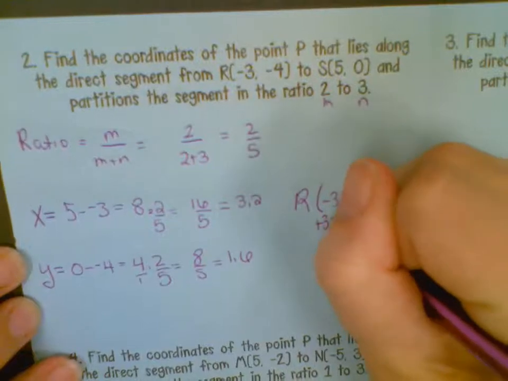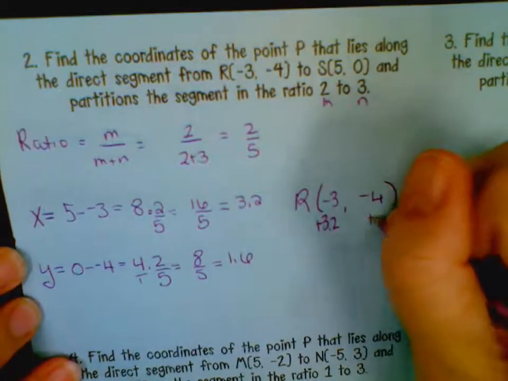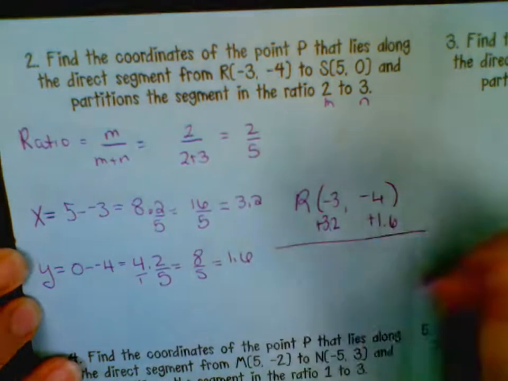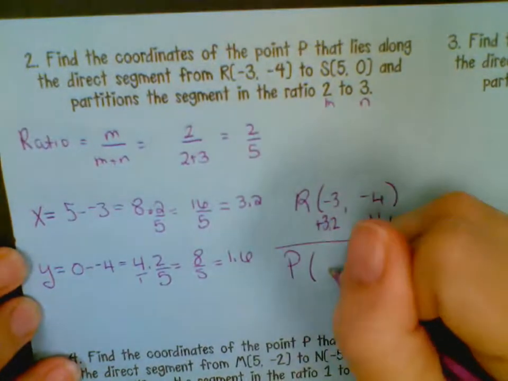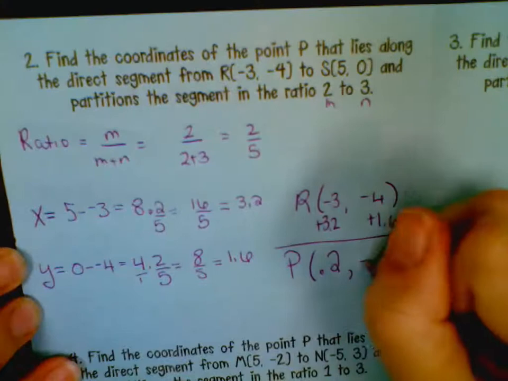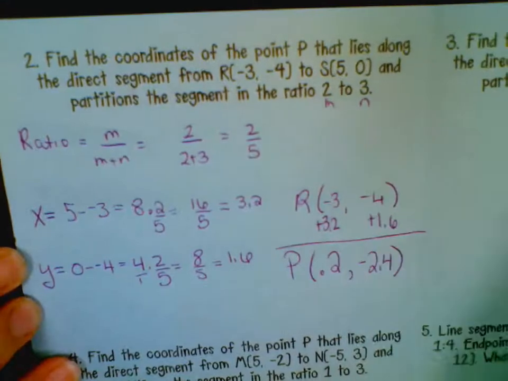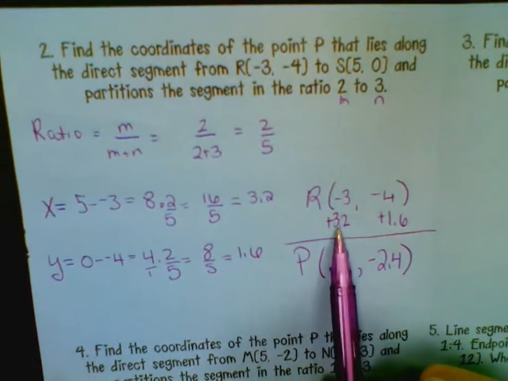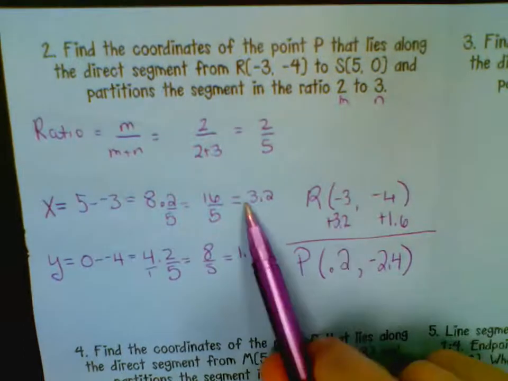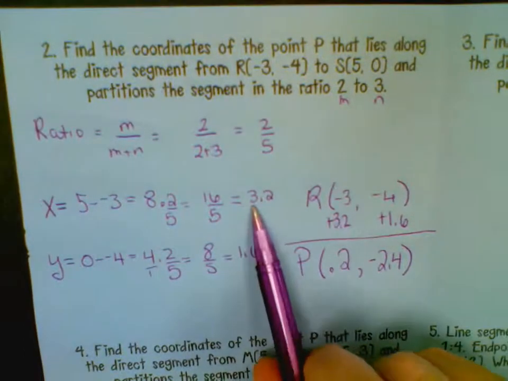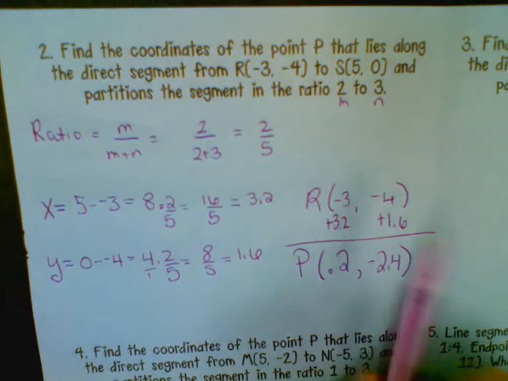So I'm going to move to the right 3.2, and I'm going to move up 1.6. So that means our partition point is at 0.2, -2.4. And I know that this is to the right because it's a positive x value. If it was negative, that would move it to the left, and this is up because it's a positive y value.